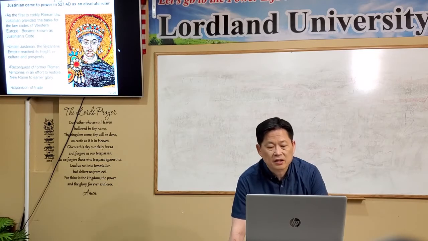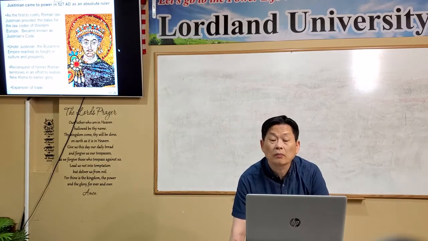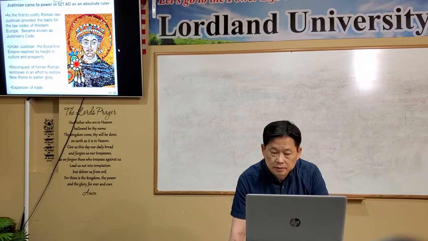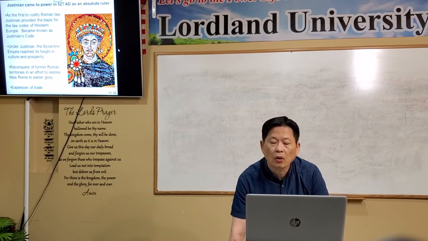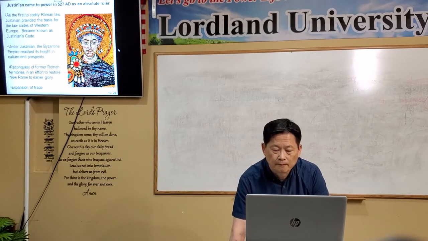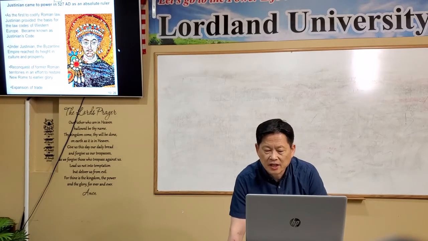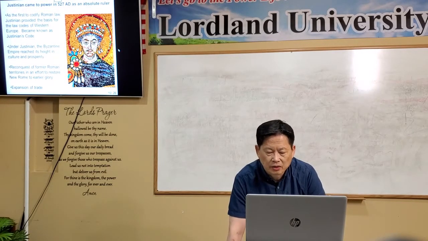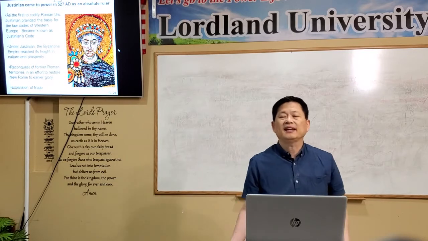As the first to codify the Roman law, Justinian provided the basis for the law codes of Western Europe. This became known as the Justinian Code.